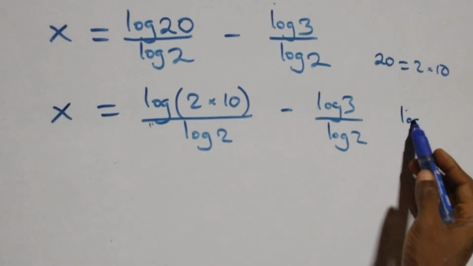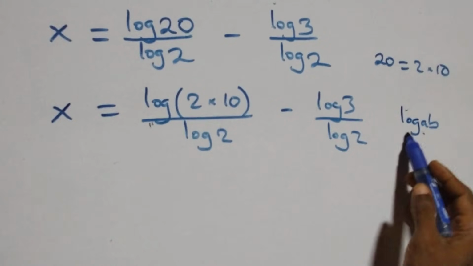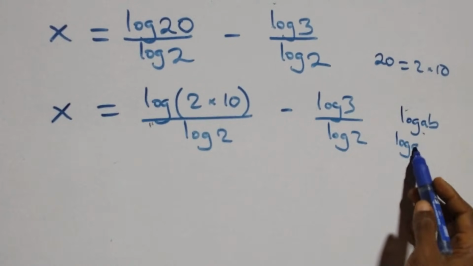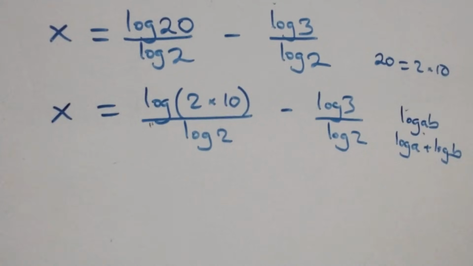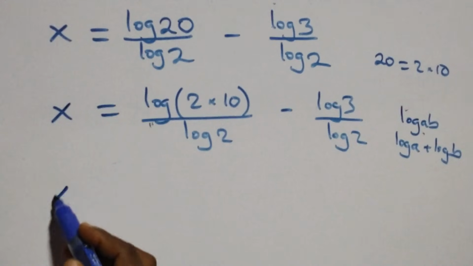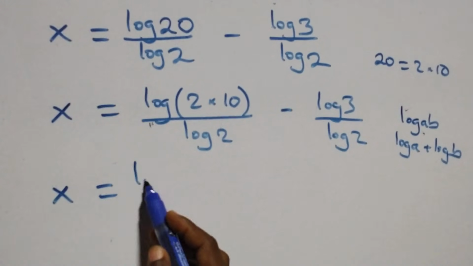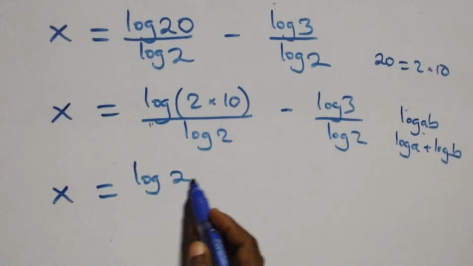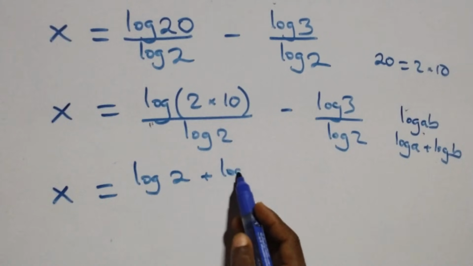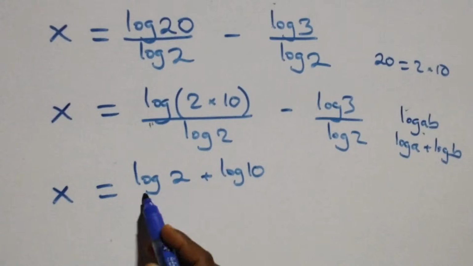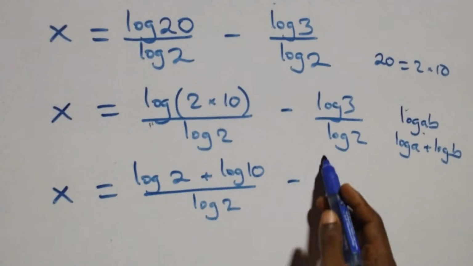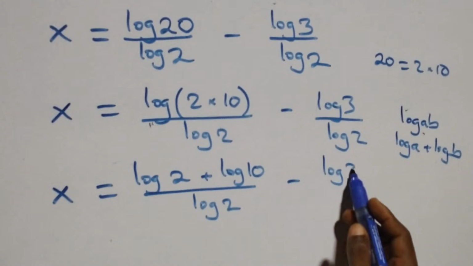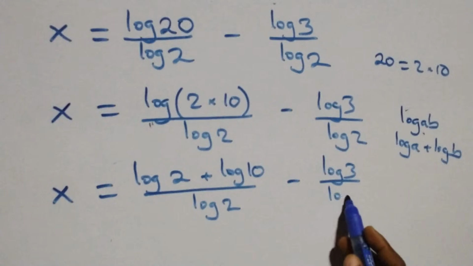When we have log a times b, we can write this as log a plus log b. That is, here we have x equals log 2 plus log 10 over log 2 minus log 3 over log 2.